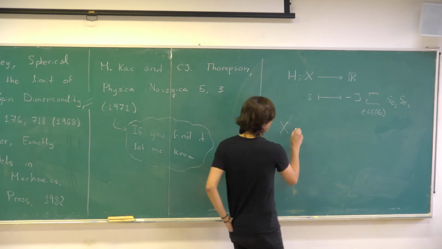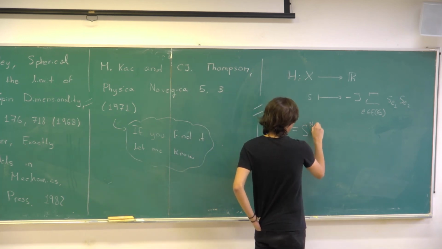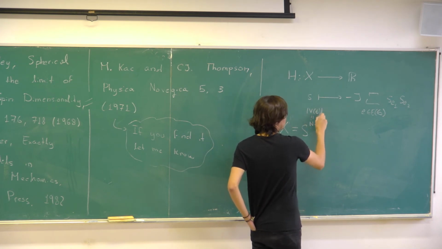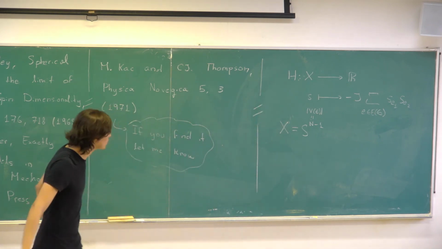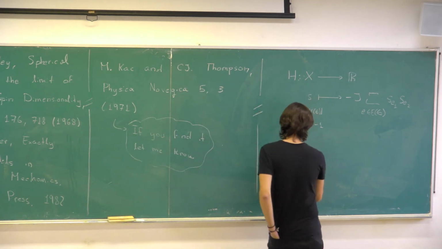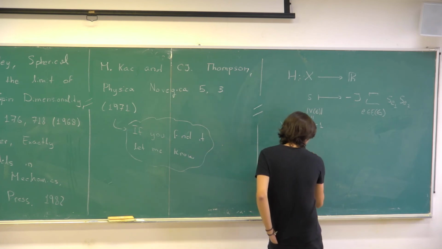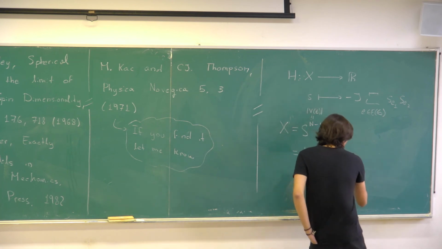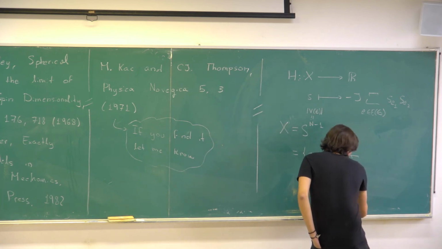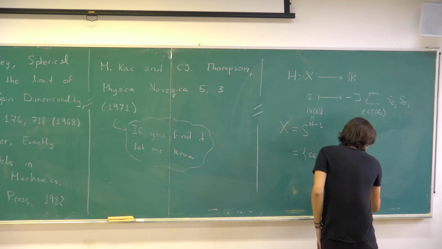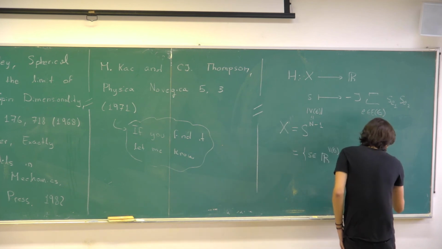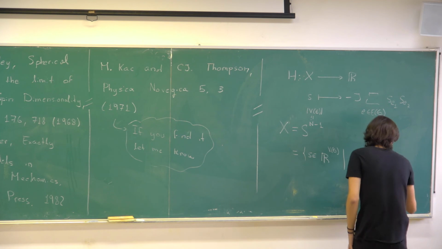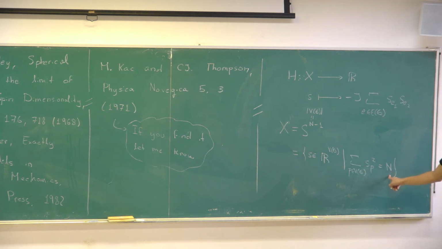So we're going to take X as the sphere in n-1 dimensions, where this n is just the number of vertices in our graph. To be more explicit, what that means is the set of all functions which go from the vertices into the real numbers, such that the sum over all vertices of the spin at that vertex squared equals, well, we're going to take it equal to the number of points in the graph.